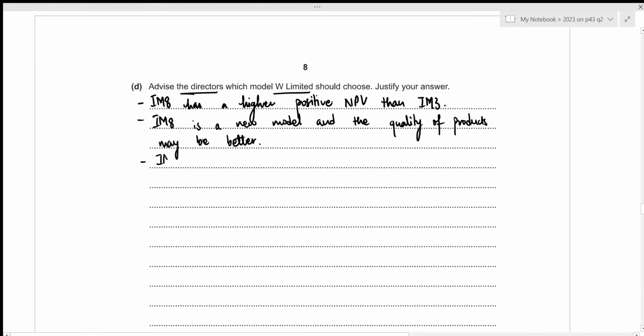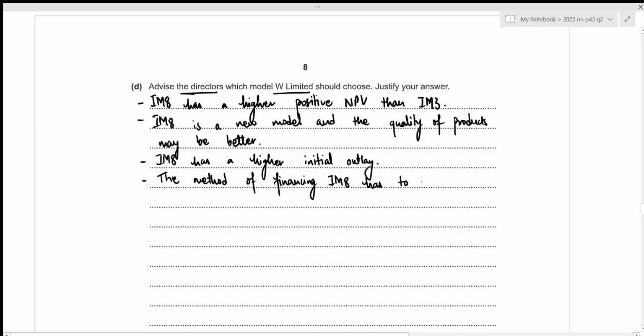So IM8 has a higher initial outlay, and due to this reason, the company might have to consider the different methods of financing for IM8. So the method of financing IM8 has to be considered.